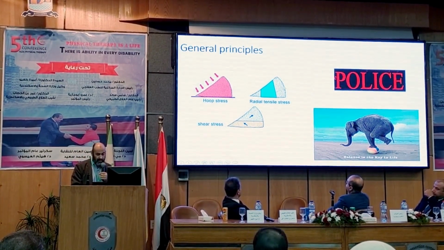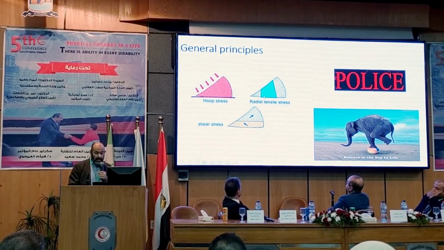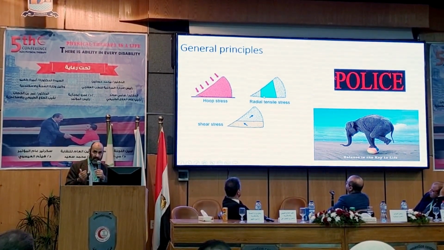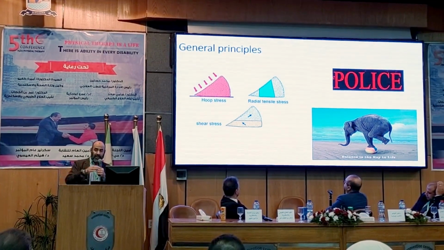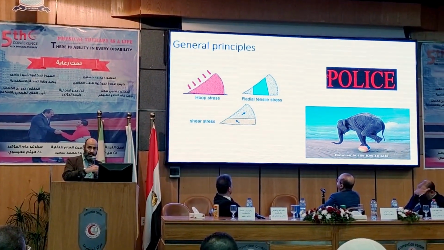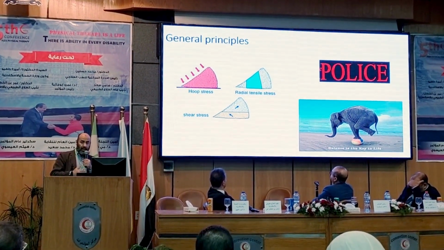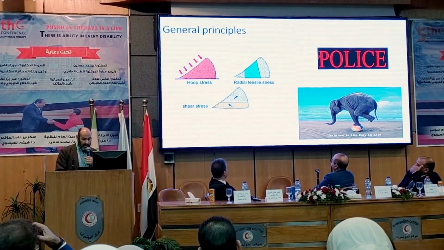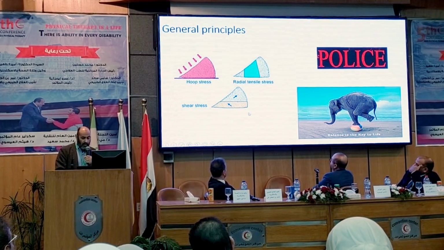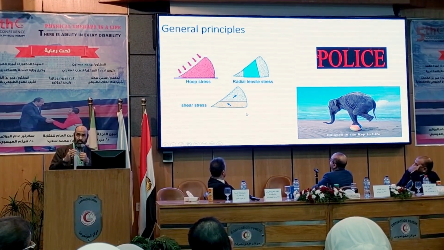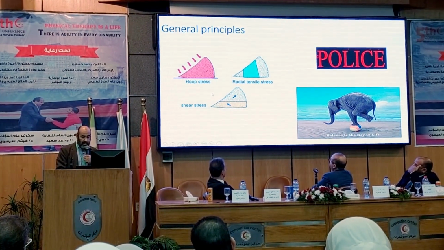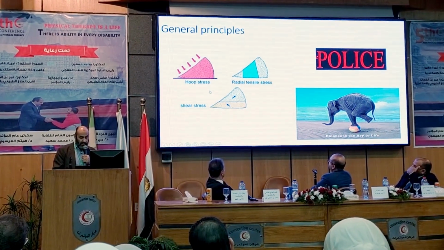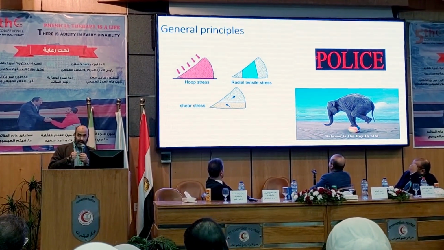We know some other kind of stress, which is the radial tensile stress, and we know also that we have two types of fibers. One of them is oriented vertically, and the other is oriented the other way around to make the meniscus more able to withstand almost all the different types of stresses it is subjected to, even shear stress.